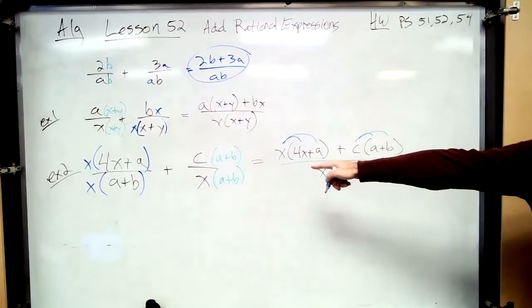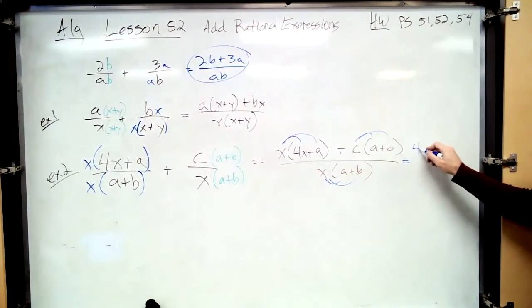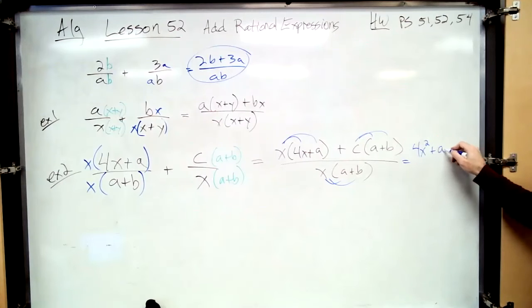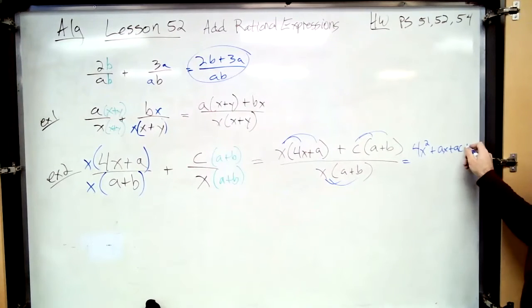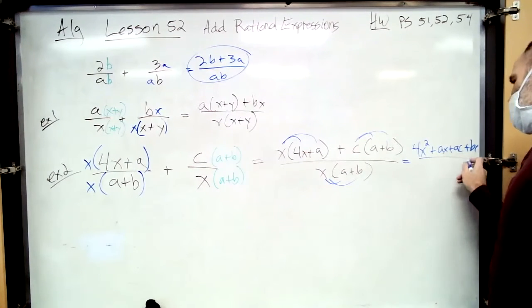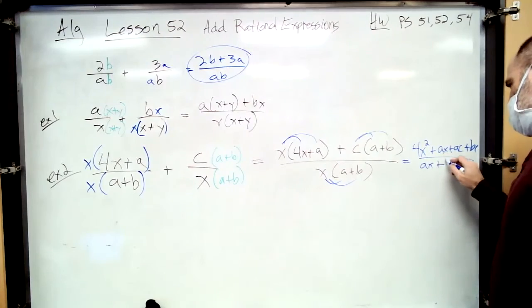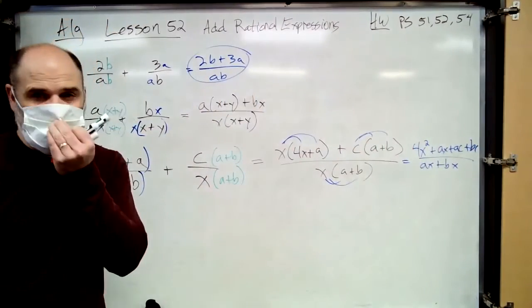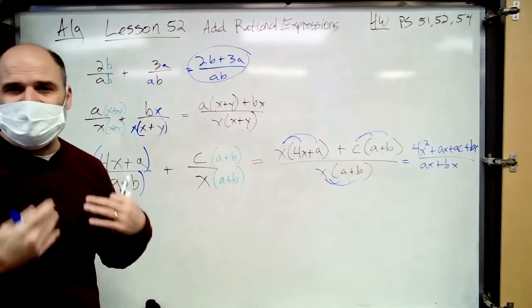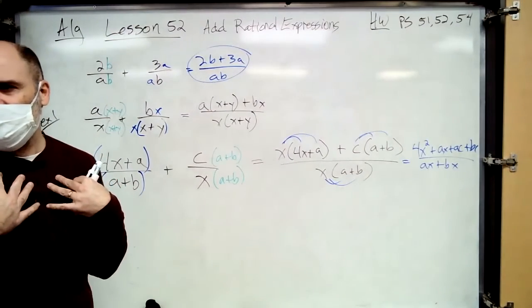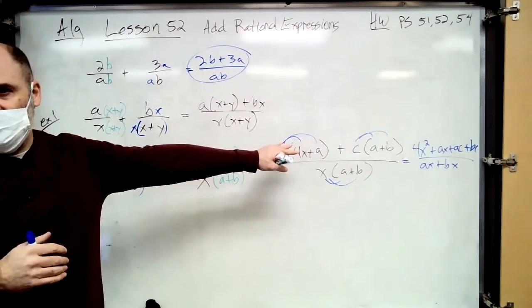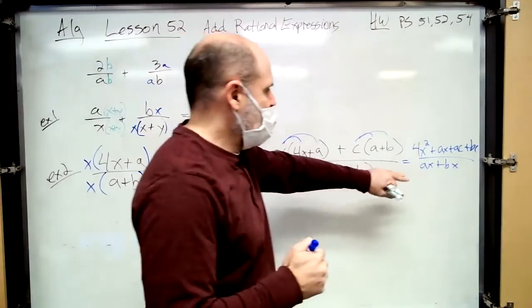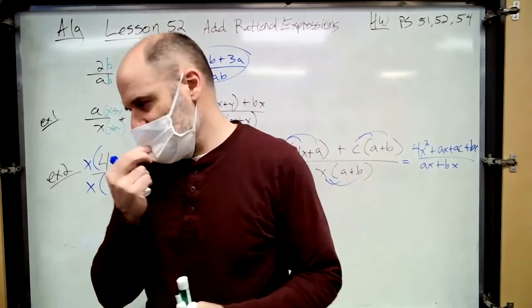So what is that? 4x squared plus ax plus ac plus bc all over ax plus bx. Okay, so you can write it out like that, multiply it out, get rid of the parentheses. Now you feel a little bit more simple because the parentheses are gone. So you can leave it like that or like this, okay?